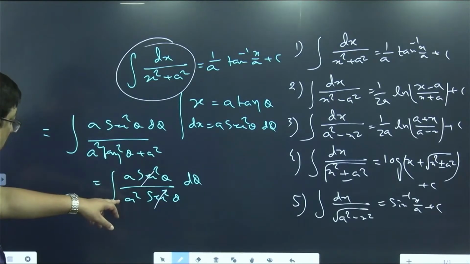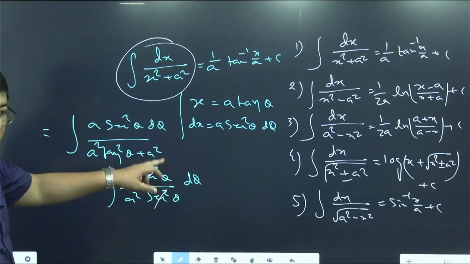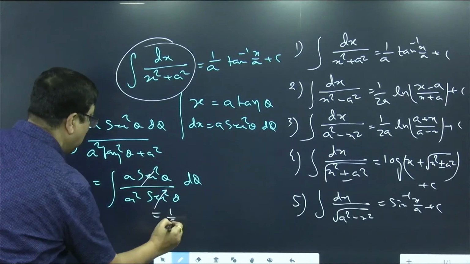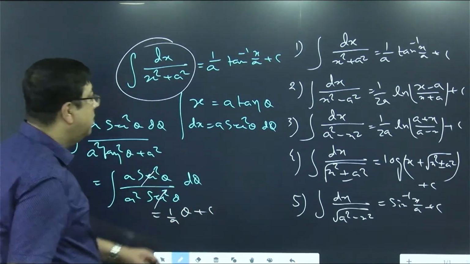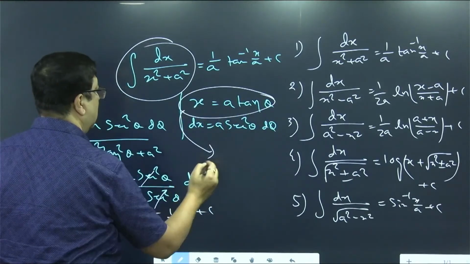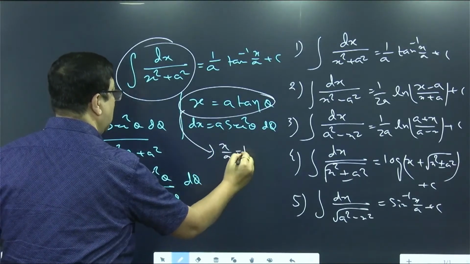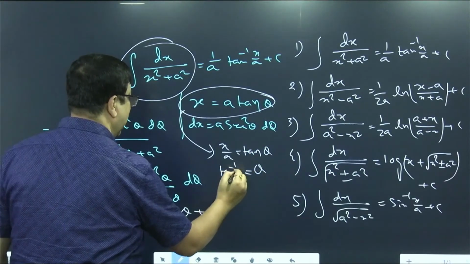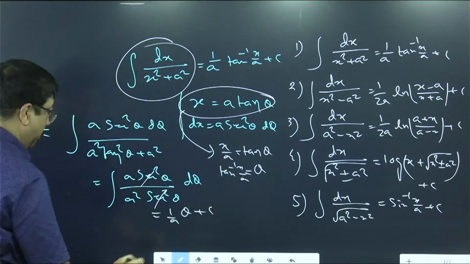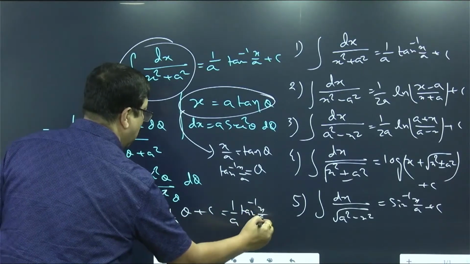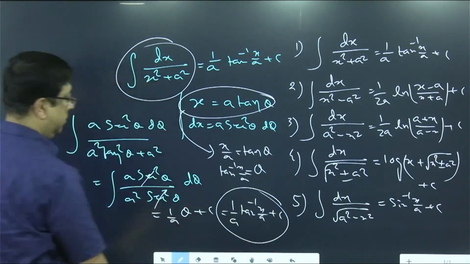So what is coming? 1 by a integral d theta is theta plus c, right? So we are getting 1 by a theta plus c. Theta means what, everyone? See here, x by a equals tan theta, so theta equals tan inverse x by a, and this is the proof of the formula. So 1 by a tan inverse x by a plus c.